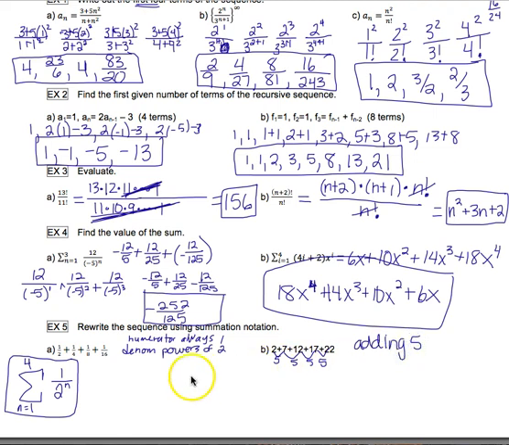We're going to learn more about these in the next section, but when you have a constant difference between your terms, that is what we call an arithmetic sequence. And when we have those, whatever you're adding every time becomes a multiplier. So I know I'm going to use i this time since I used n last time. I know that in my summation, I'm going to have 5 times my variable.